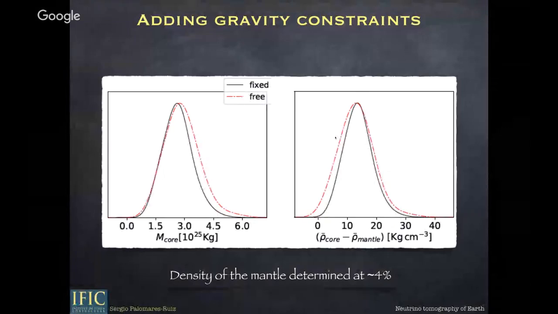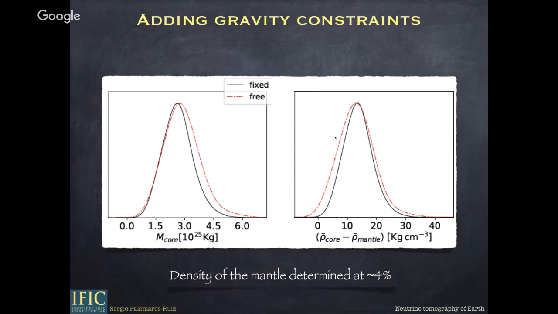Basically, the density of the mantle gets determined within a few percent, but this is basically geometry. This is why, for instance, in the seismic wave determination, when you add the external constraint, the mass of the mantle is about 70% of the mass of the Earth. Once you add that with an uncertainty of 1 in 10 to the 5, you constrain the density of the mantle very much, and you can get it at the level of 4%.